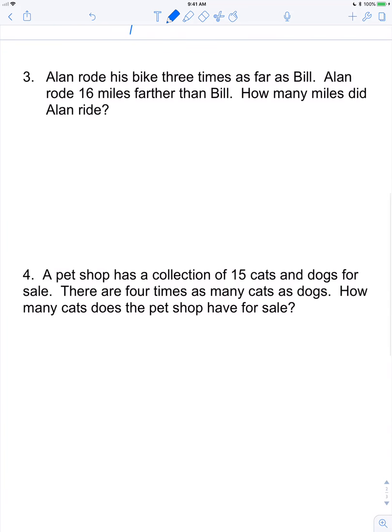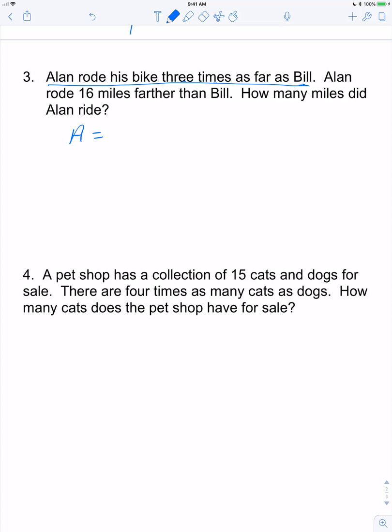Alan rode his bike 3 times as far as Bill. So Alan rode his bike 3 times Bill's, so 3B. Alan also rode 16 miles further than Bill. Well, 16 miles further, that's going to be plus.